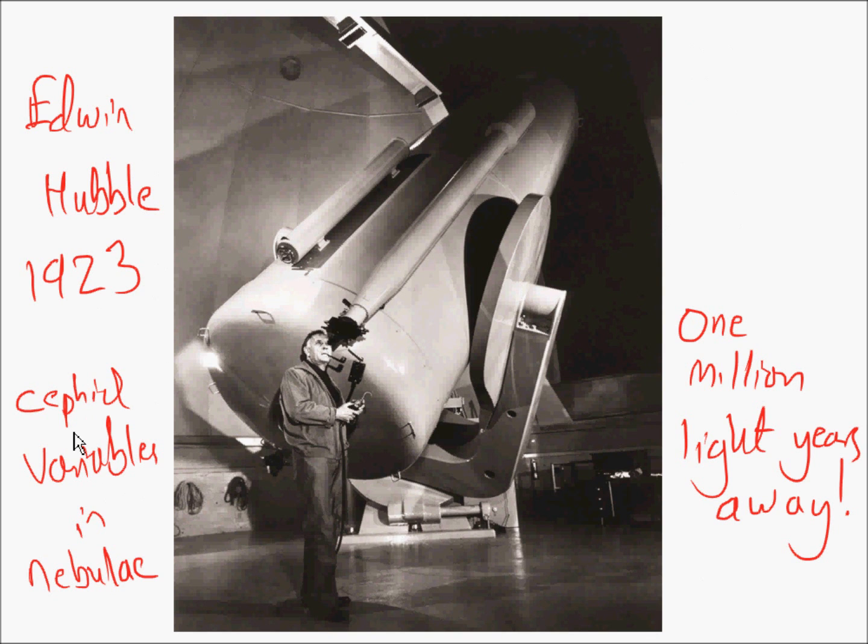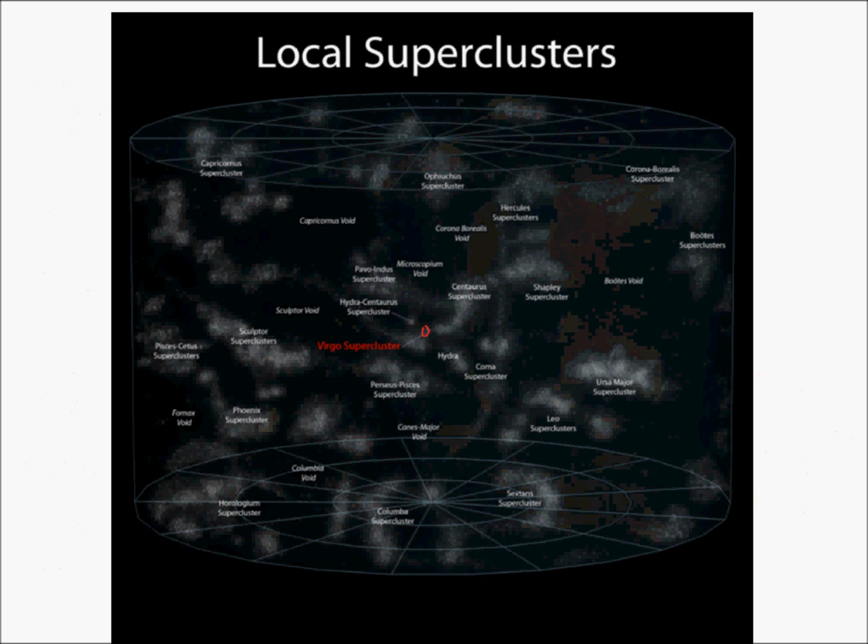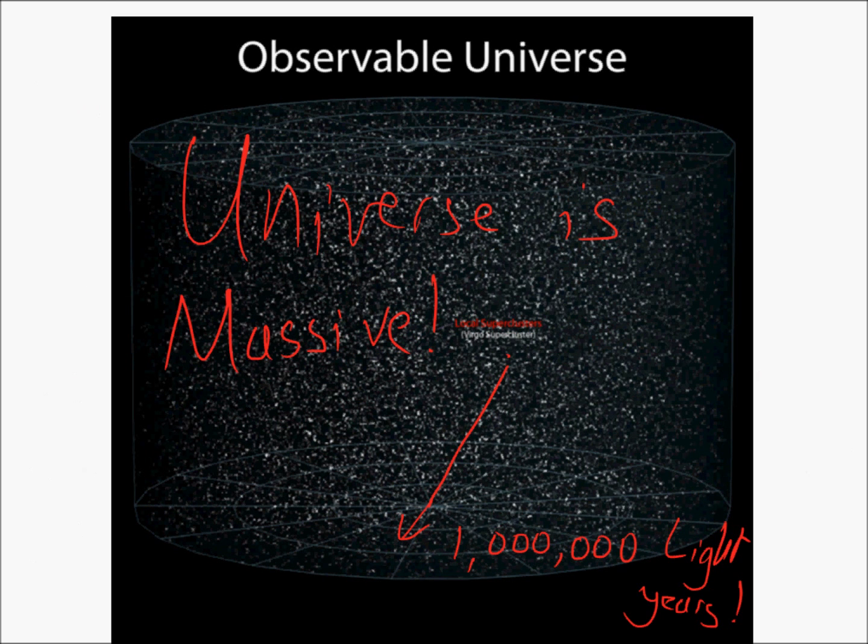He used Leavitt's idea of Cepheid variables. He found out that some of these nebulae were millions of light years away, and that led us to the idea that there were loads and loads of different galaxies, thousands and thousands of galaxies, spread across an enormous, incomprehensibly huge universe.